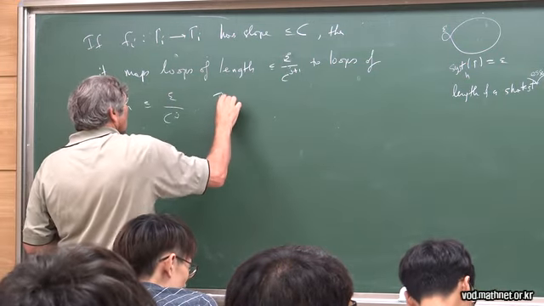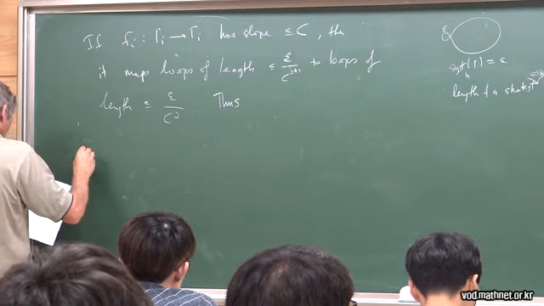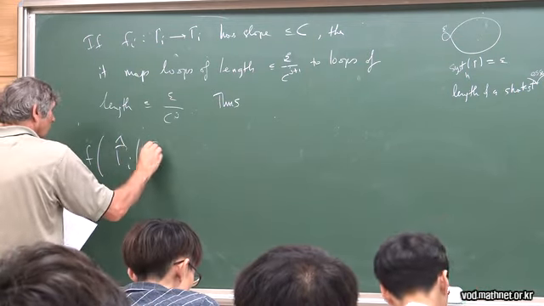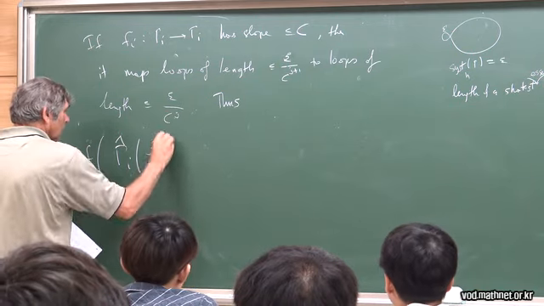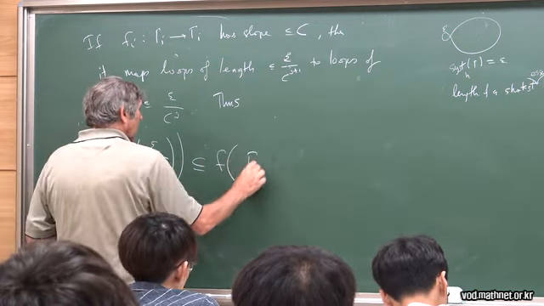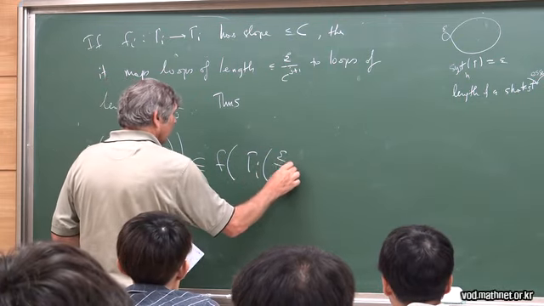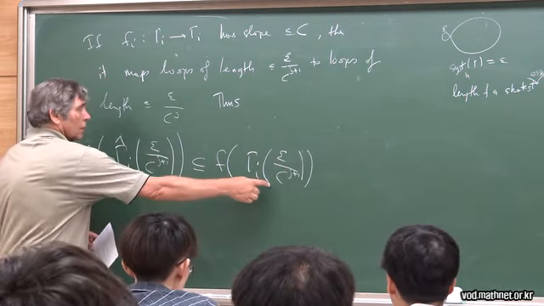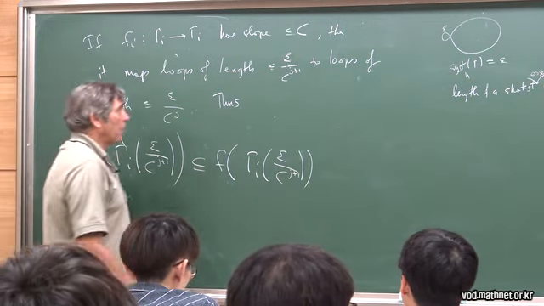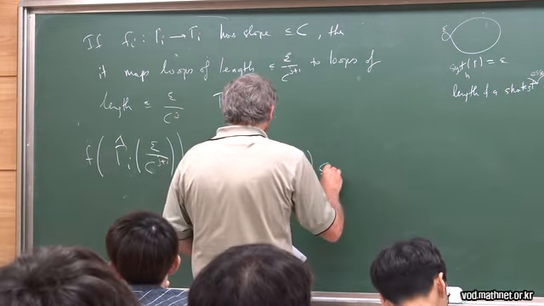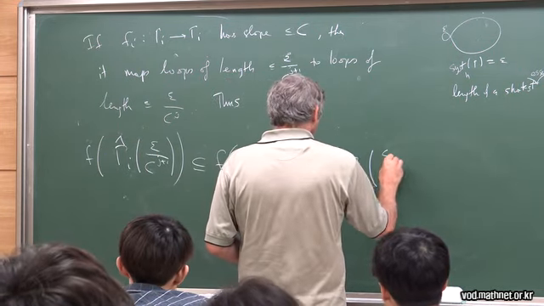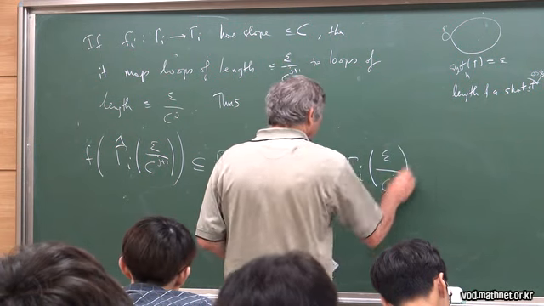Thus, f applied to gamma I hat of epsilon over c to the j plus 1, that's the core graph, is only contained in f of gamma I of epsilon over c to the j plus 1, just because the core graph is contained in this graph. But now by this observation here, this is contained in gamma I of epsilon over c to the j.